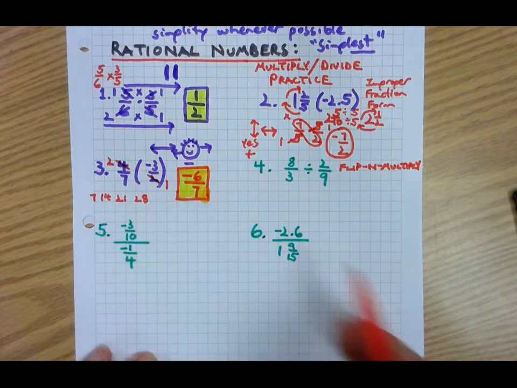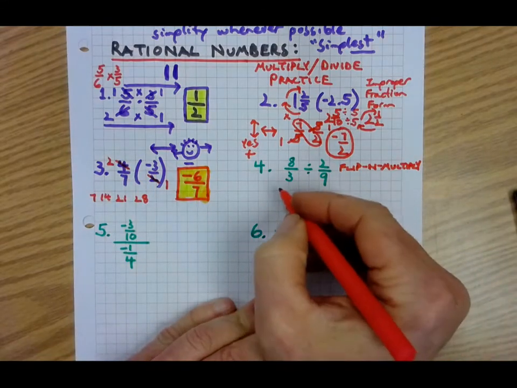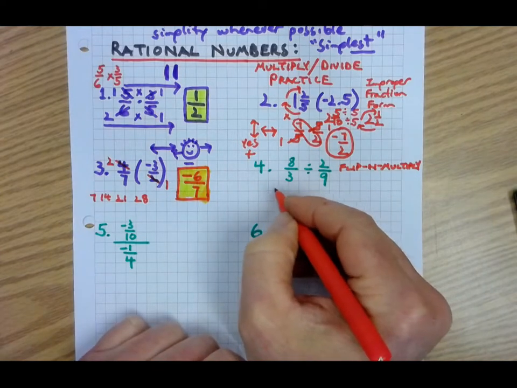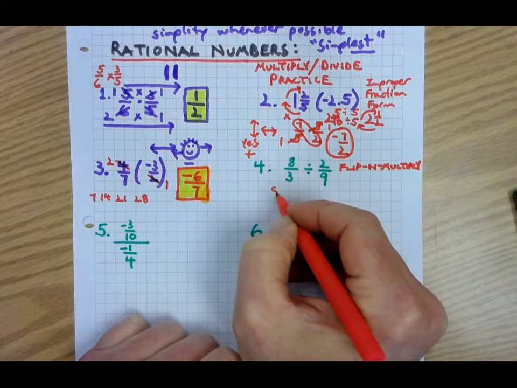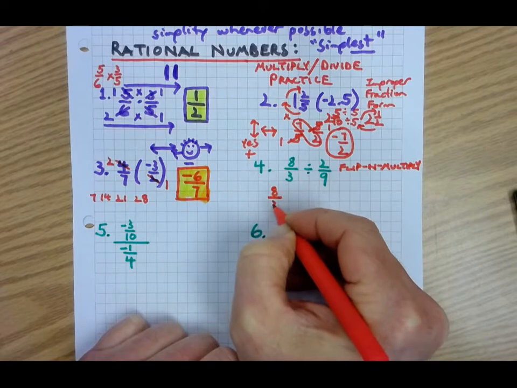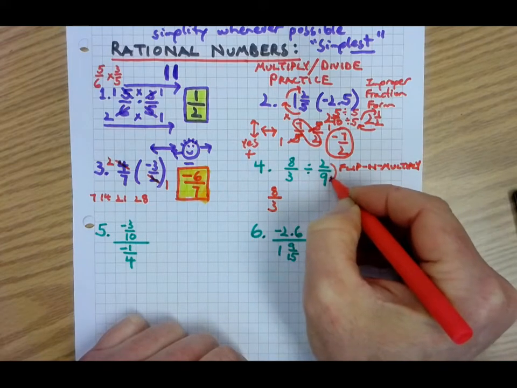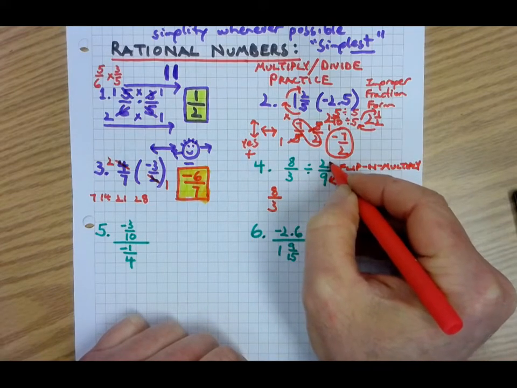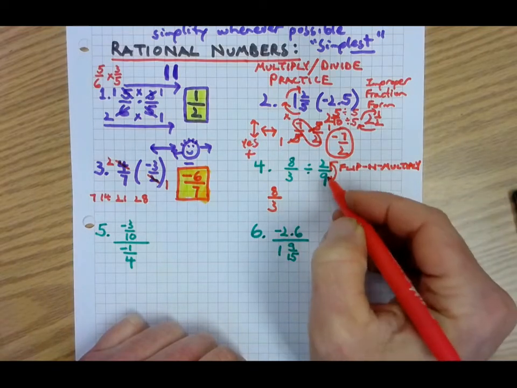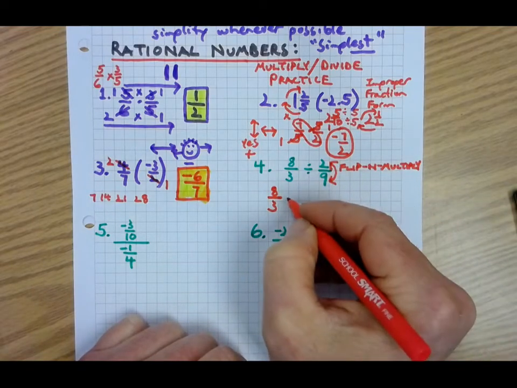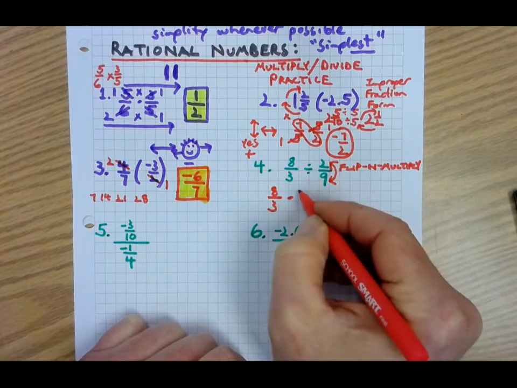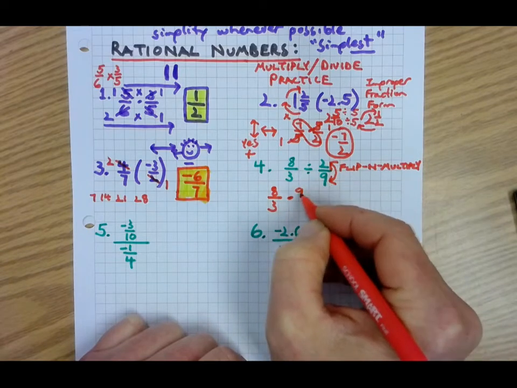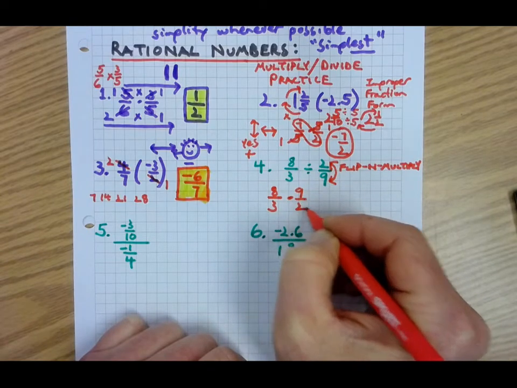What we learned in class, and what you've probably learned before, is if we take a division problem and take the reciprocal, or the flip, of the second number, now the denominator is the numerator and vice versa.